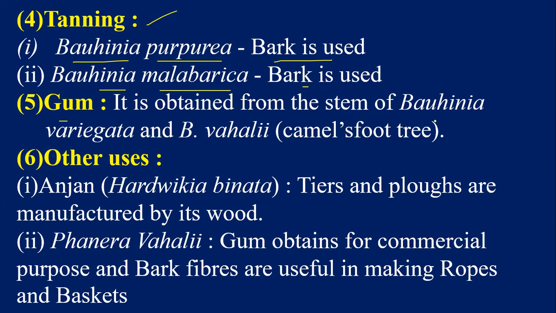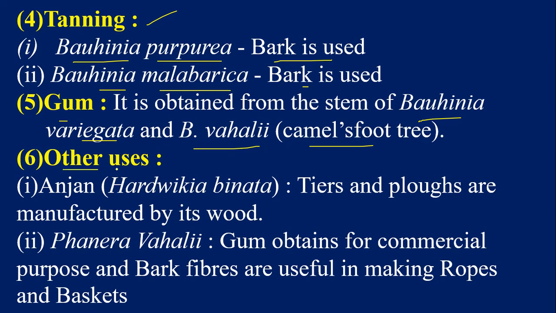Gum is obtained from Bauhinia variegata and Bauhinia vahlii. From these two plant species, a kind of gum is obtained. Bauhinia vahlii is commonly called camel's foot tree.